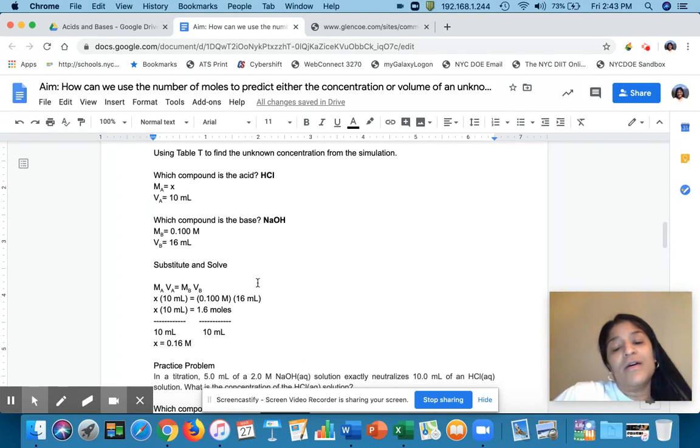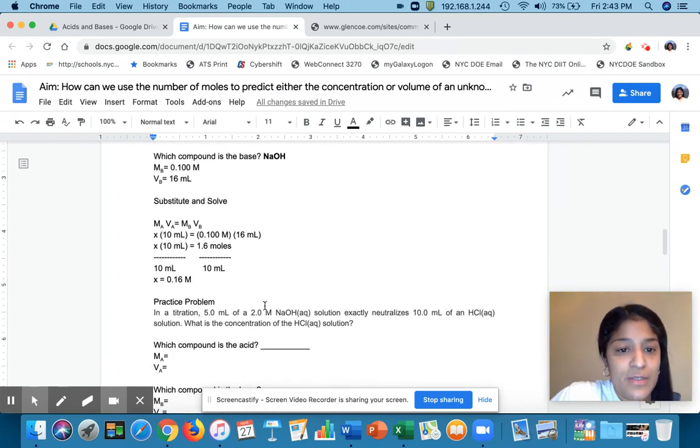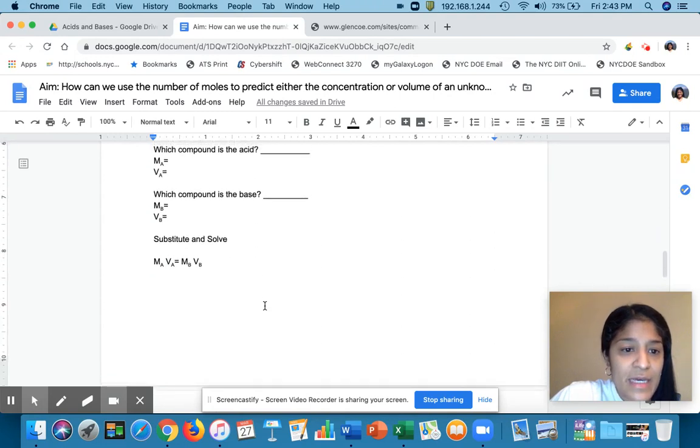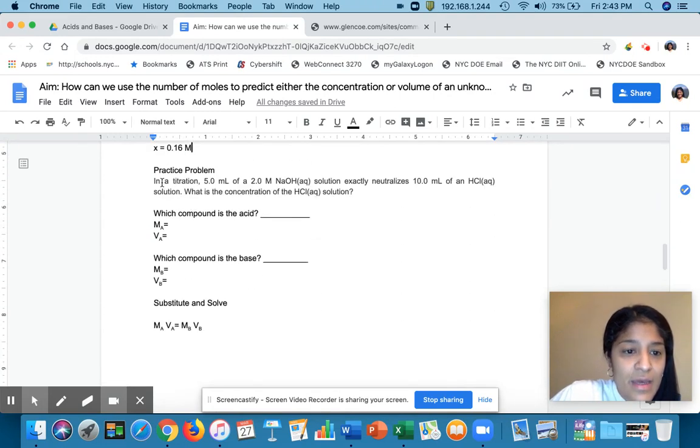If we move on to the first problem that I want us to do, practice problem 1, right? It says in a titration 5.0 ml of 2 molar NaOH. NaOH, right? That must be, it's a metal and it ends in OH. So that must be our base, right?